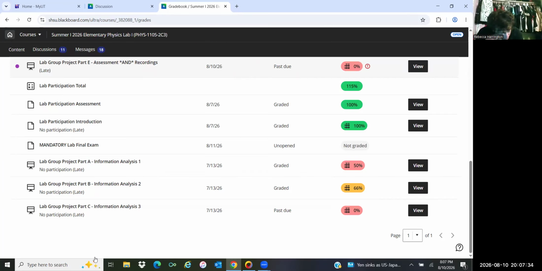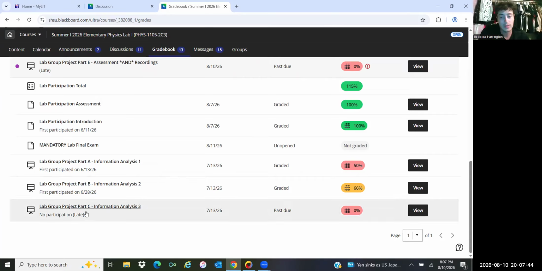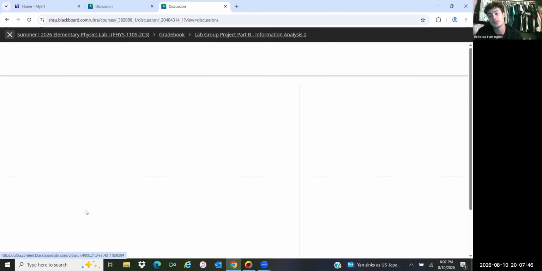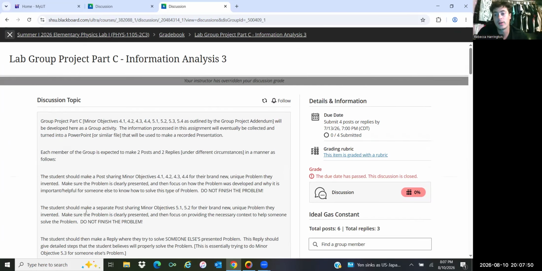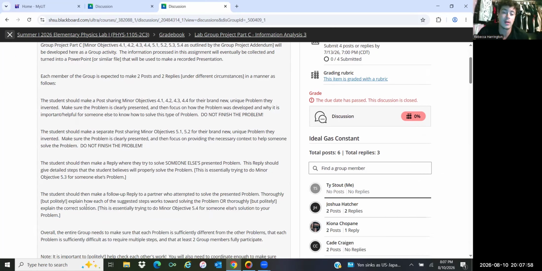For part C, oh, my ear hurts. Part C, I wasn't able to do it. My stepdad had a heart problem and an emergency, so I had to rush him to the hospital. That was, I think, a day or two before this due date.